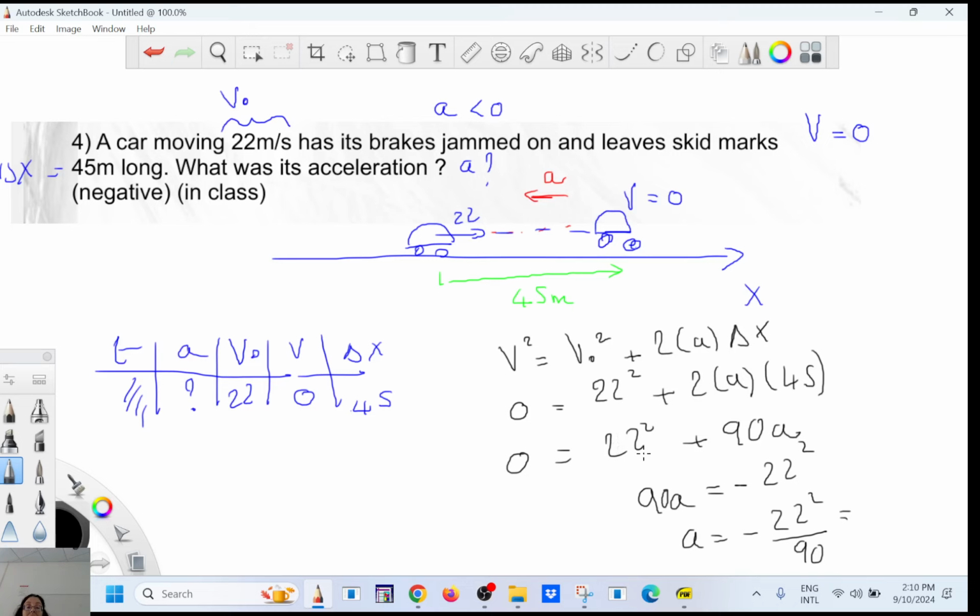That will be 242. So you get negative, what, 4? Negative 5? Negative 5.4? Yeah. Meter per second per second.